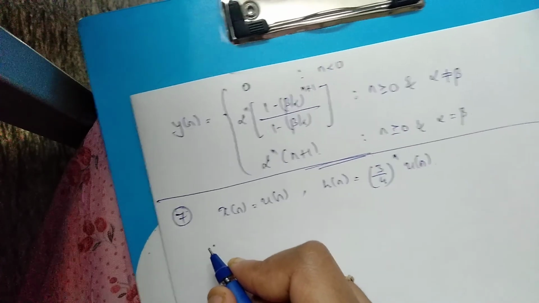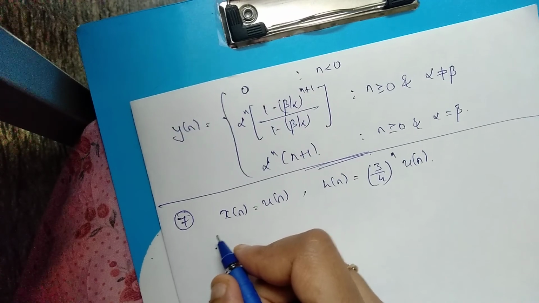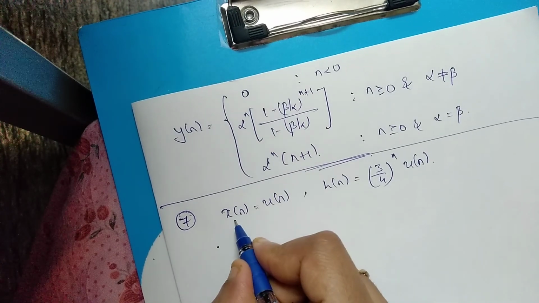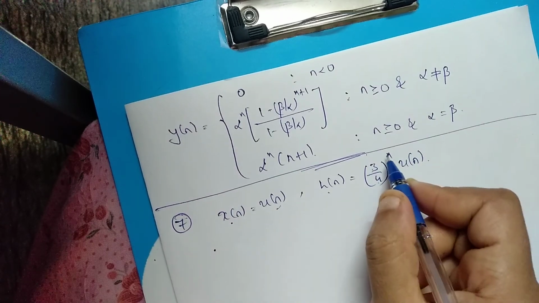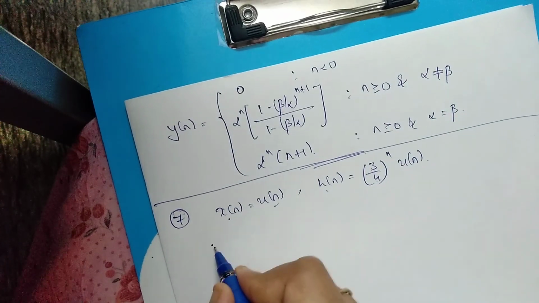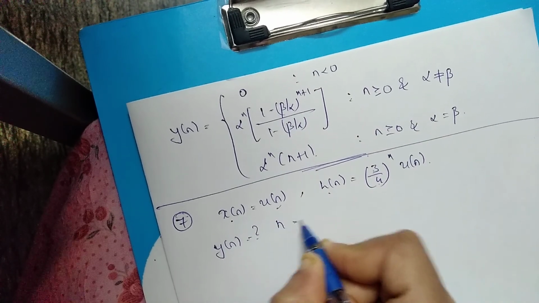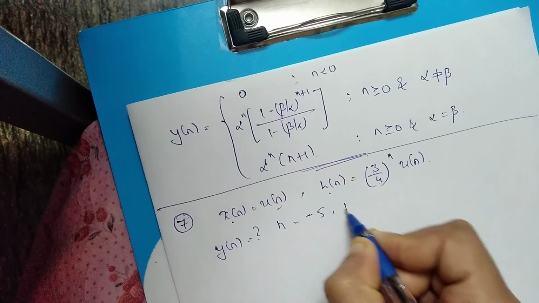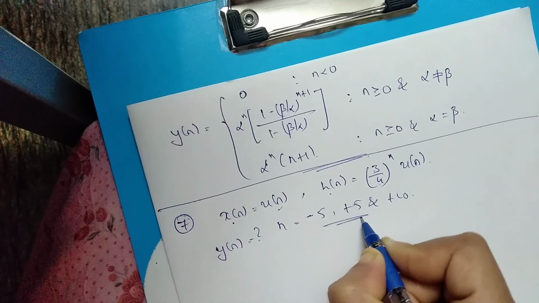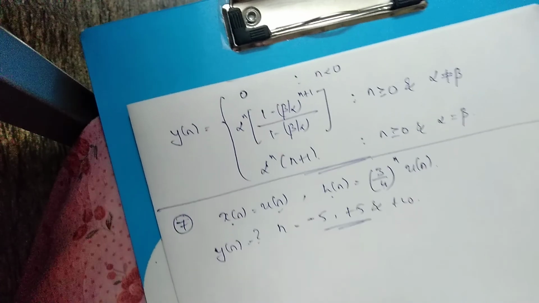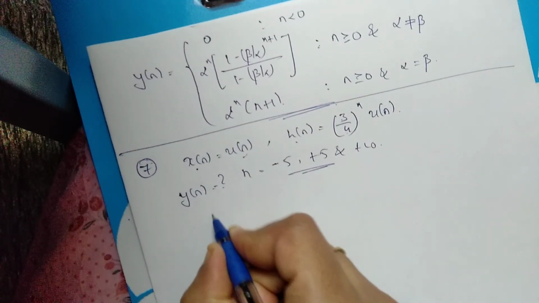The next problem is we need to find the impulse response of the system which has an input x of n equal to u of n and h of n equal to 3 by 4 to the power of n into u of n. We need to find values of y of n for n equal to minus 5, plus 5 and plus 10. We need to substitute these values and find y of n. So first, let us find the value of y of n.